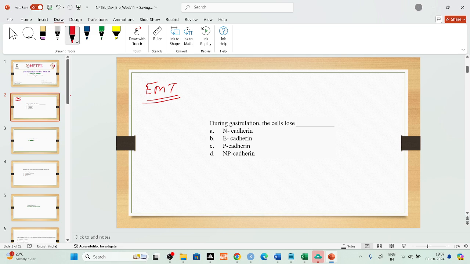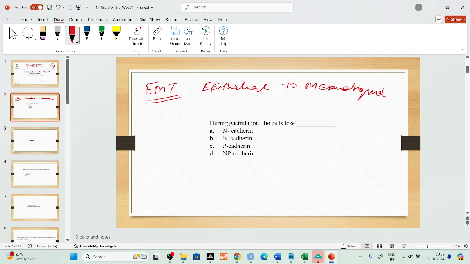During gastrulation, epithelial to mesenchymal transition takes place. During this transition, the cells lose E-cadherin, because it is a protein involved in adhesion, and this allows the cells to migrate and differentiate into various tissues.